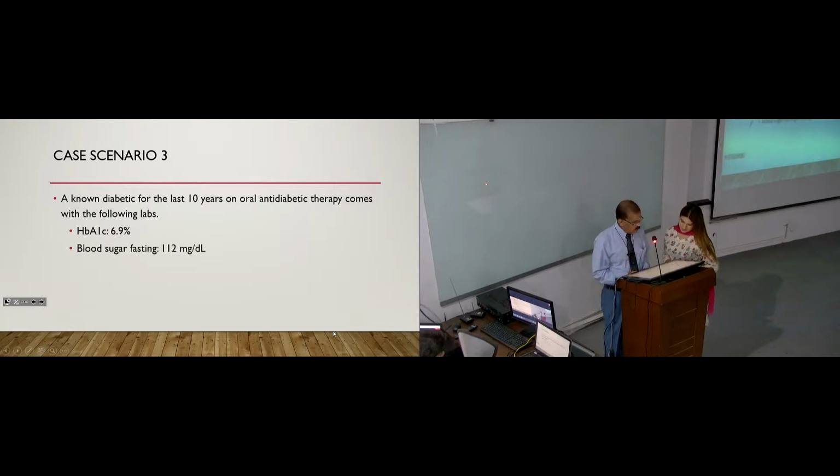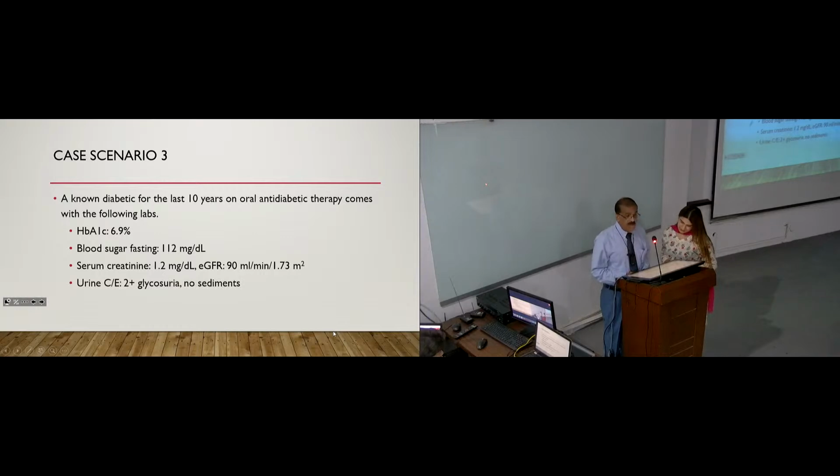Blood sugar fasting is 112. Fairly okay. I think to me it looks quite acceptable. Serum creatinine is 1.2 milligram per deciliter. eGFR is 90.